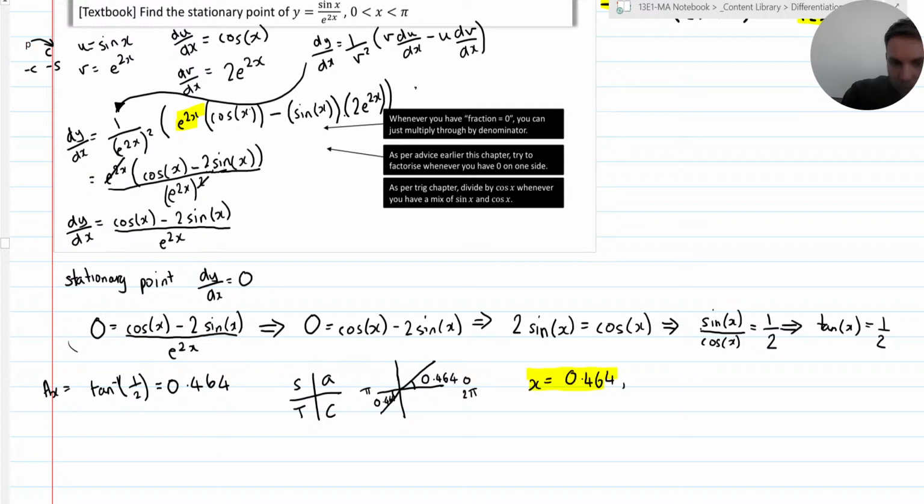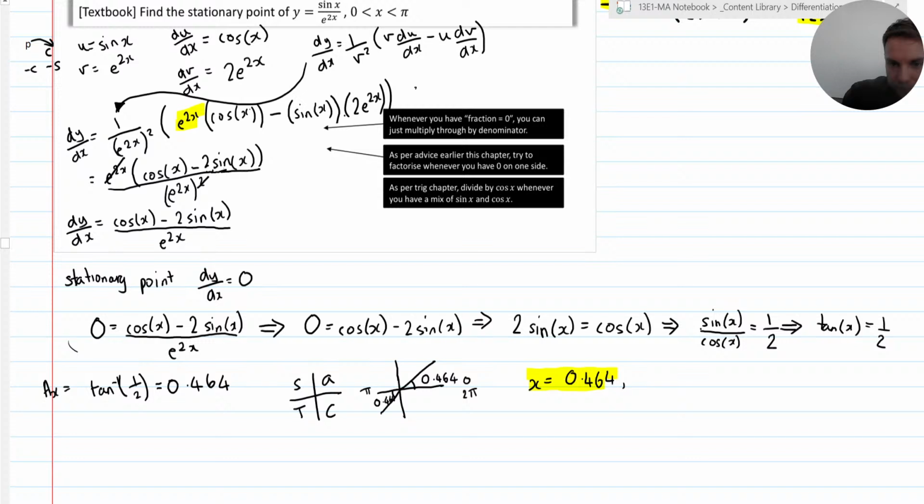So the two that we're going to have are x is equal to this one there, 0.464, or it's going to be pi plus that. But does it want it just between that and pi, which means that one doesn't count. So it's just going to be these two here, which gives you this as your final answer.